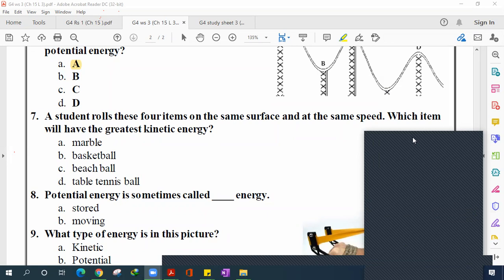Which item will have the greatest kinetic energy? Not the beach ball. It's gonna be the biggest one. The marble is the smallest. The table tennis ball is also small.